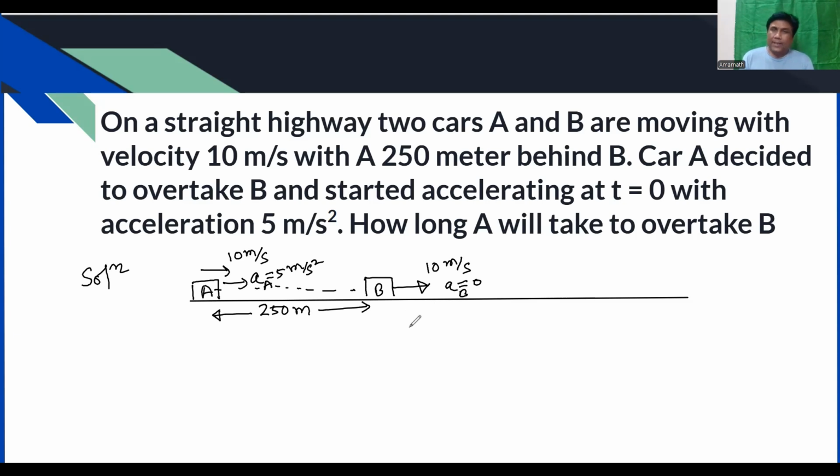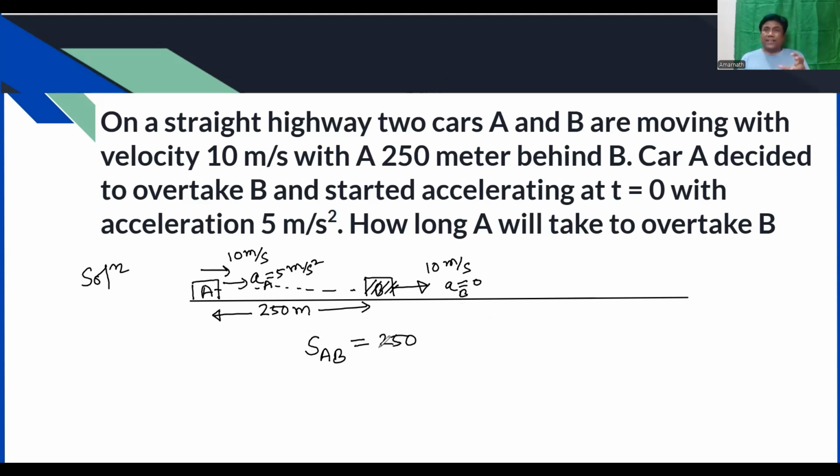Now you decide where you are going to sit, whether you want B as observer or A as observer. It depends upon you only. Answer will be the same. For me, say I am sitting at B. If I write here, displacement of A as seen by B is nothing but actually 250.